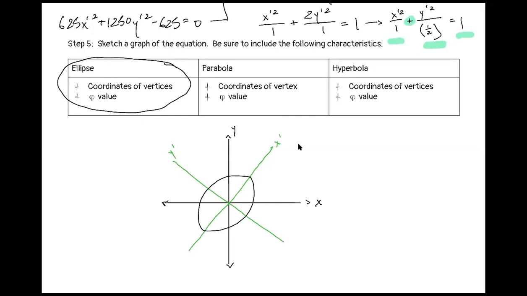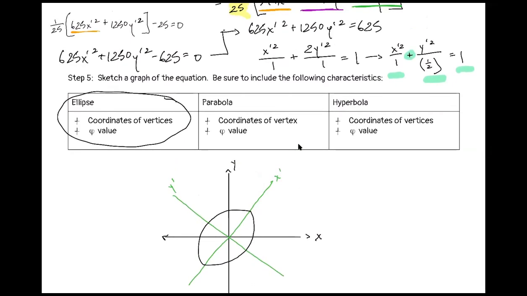And the vertices are the ones that are further away from the center. So in this case, our vertices are going to be at 1, 0 along the x prime axis and negative 1, 0 along the x prime axis.